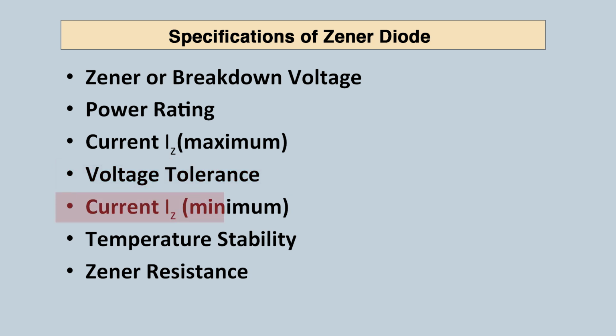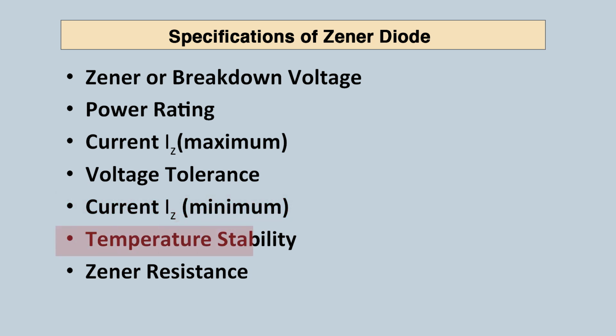Let us discuss the minimum current in the device. It is the minimum value of the current reading required for the device to break down. So Iz minimum is the lowest value before the device goes into the breakdown situation.